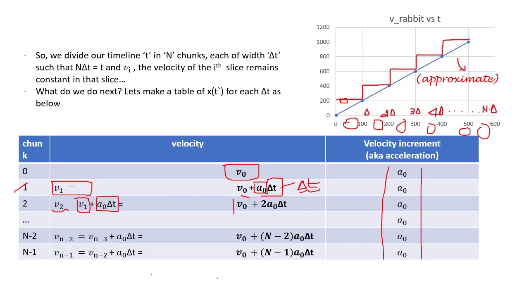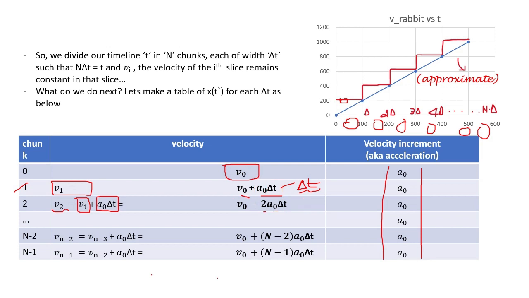That turns out to be v naught plus 2 times a naught delta t. For the third one, it would be 3 times a naught delta t. And when we get to the n minus second and n minus first terms, we get v naught plus n minus 2 times a naught times delta t, and so forth.